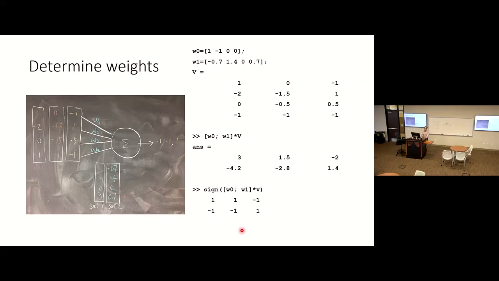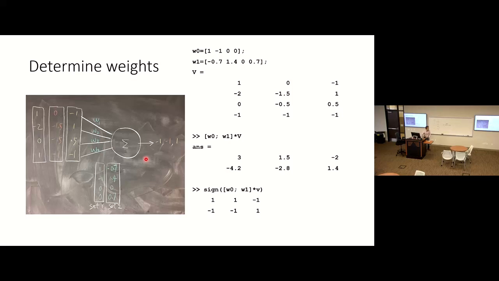The expressions on the right side of this slide are MATLAB code. I just want to show that we can put the 3 data points all together as a matrix. This matrix can multiply with the weight matrix of 2 sets. And each set will generate a different output using the sign function.